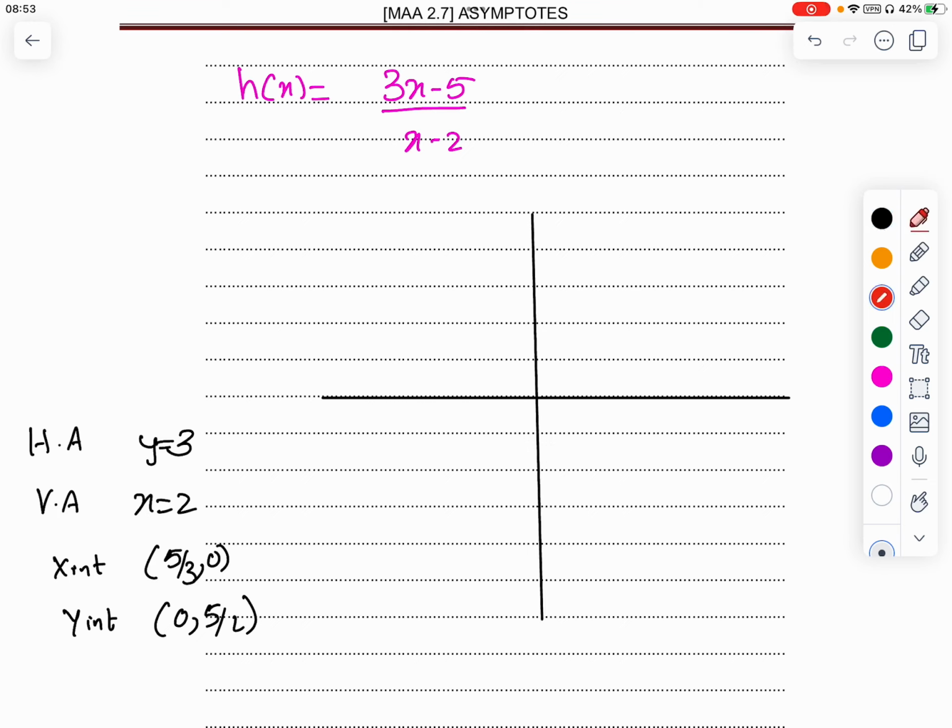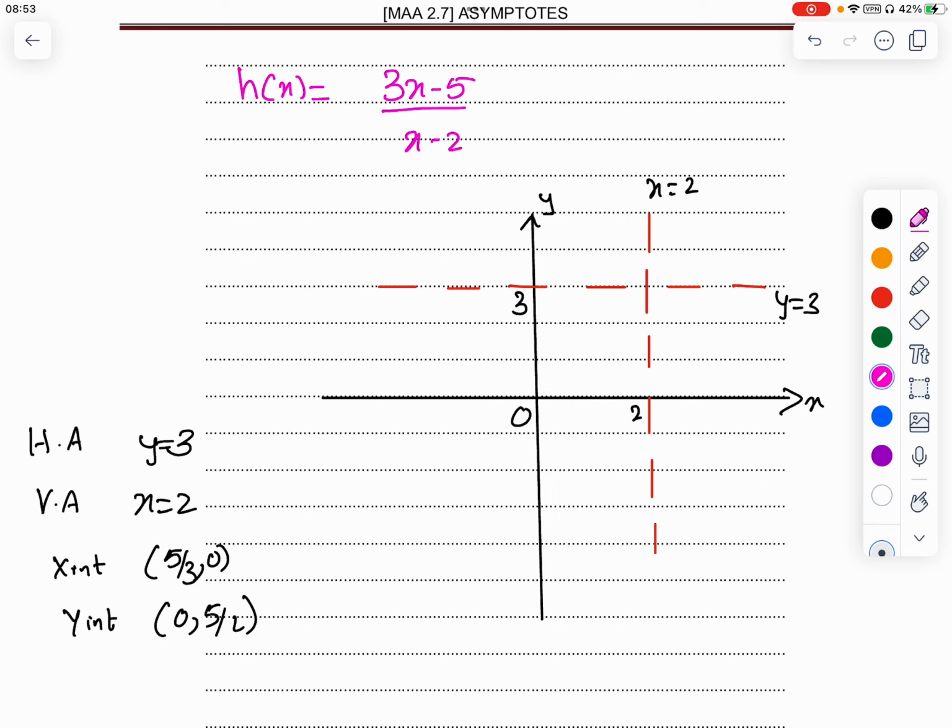So horizontal asymptote is at y equals 3, and vertical asymptote is at x equals 2. Right over here, y equals 3, x equals 2. Origin, x-axis and y-axis.